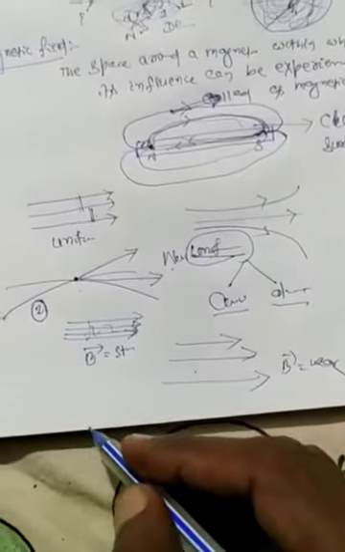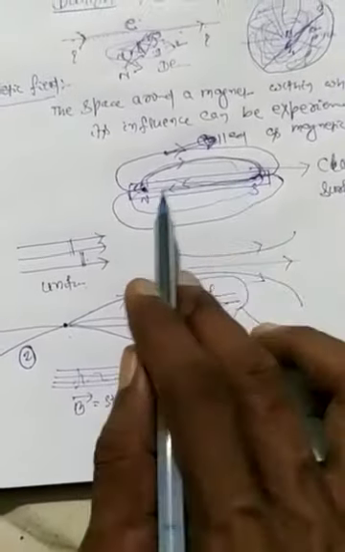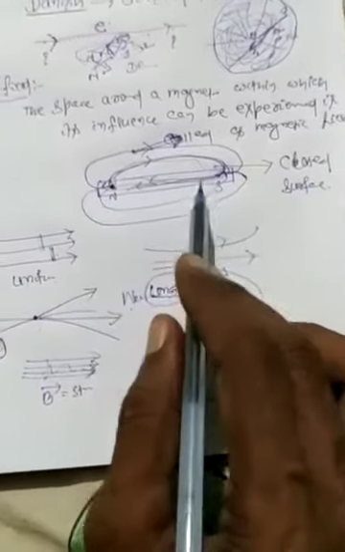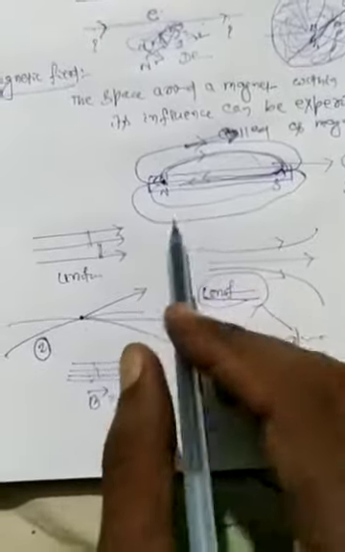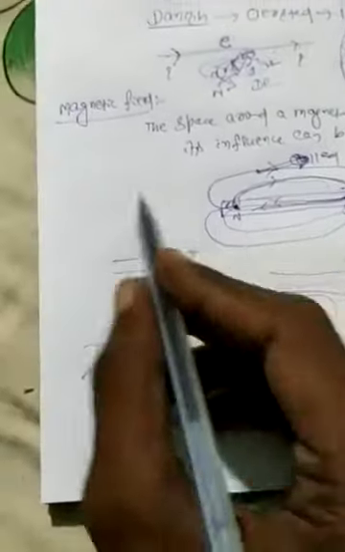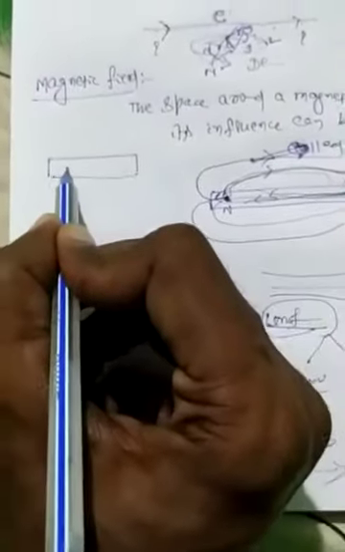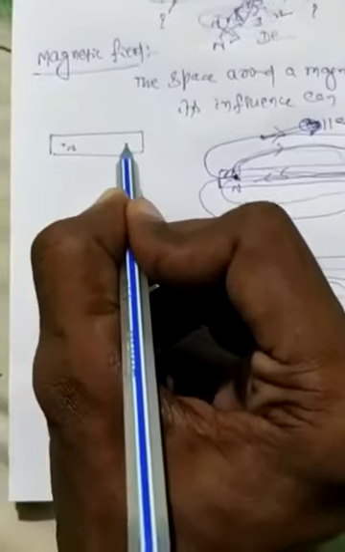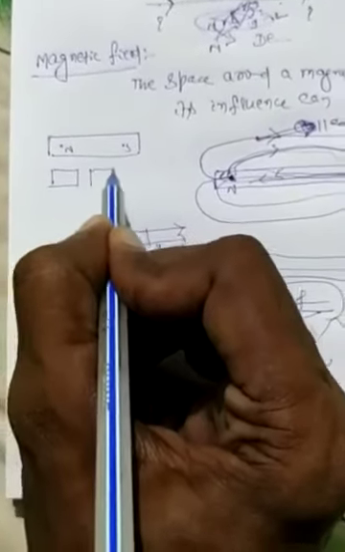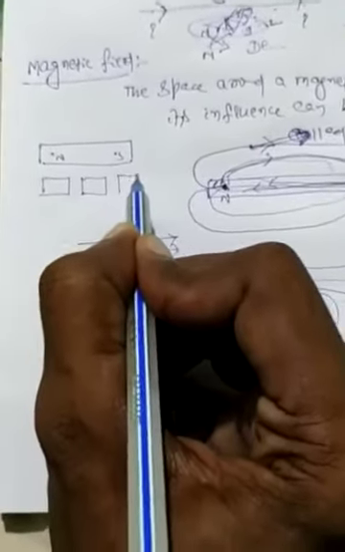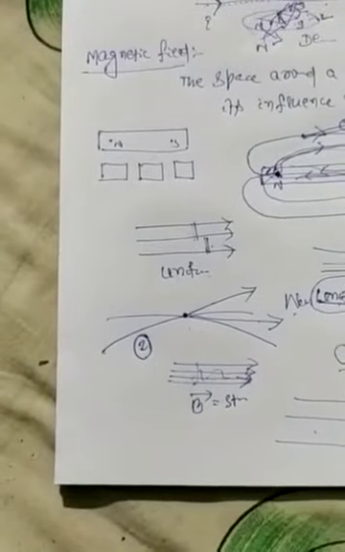Since the magnetic north and south poles cannot be isolated, isolate means to separate. For example, this is a magnet having a north pole and south pole. If this magnet is cut into 3 pieces, then each piece behaves as a bar magnet.